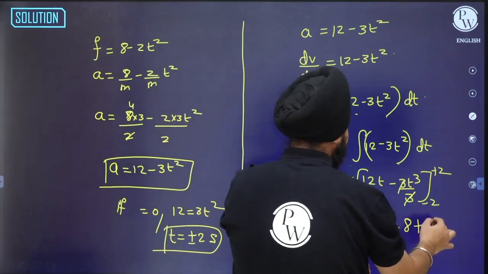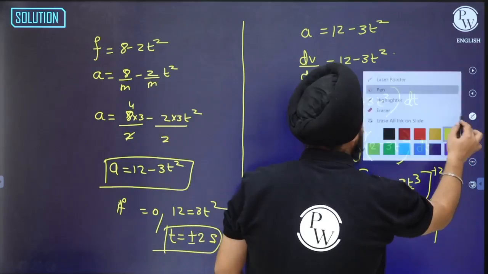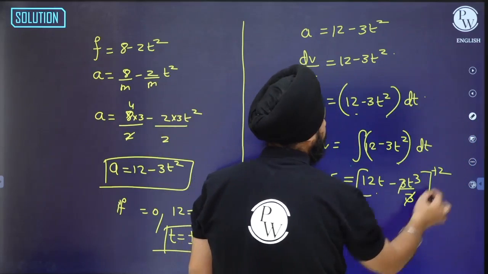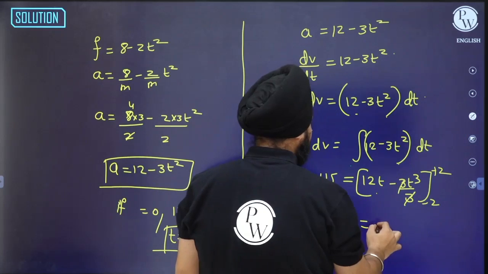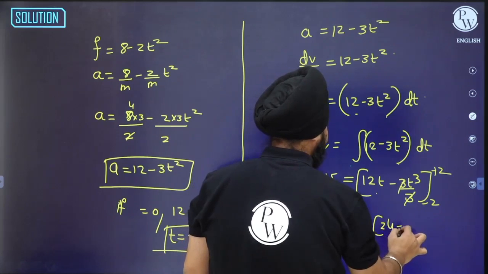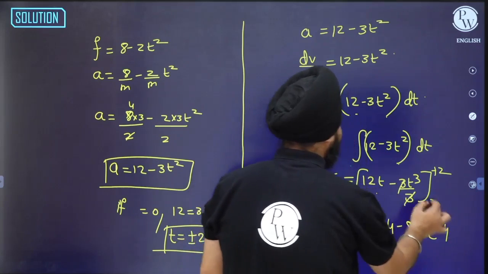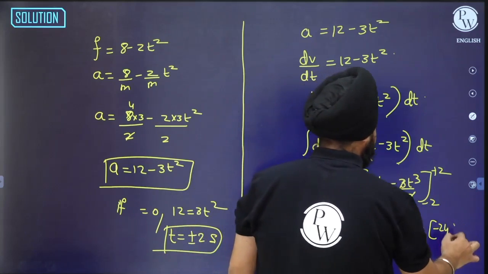So this will be 24 minus 8 minus 24 plus 8.